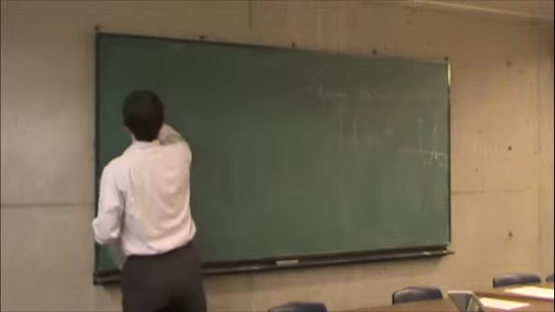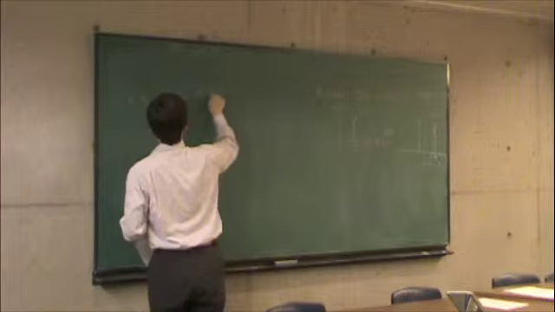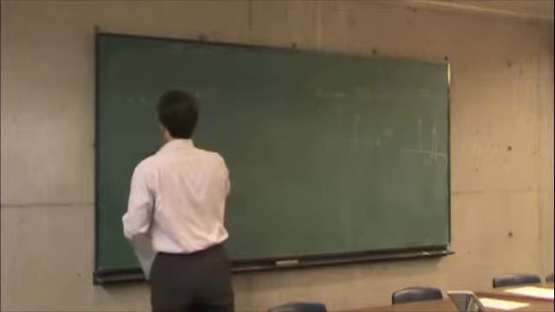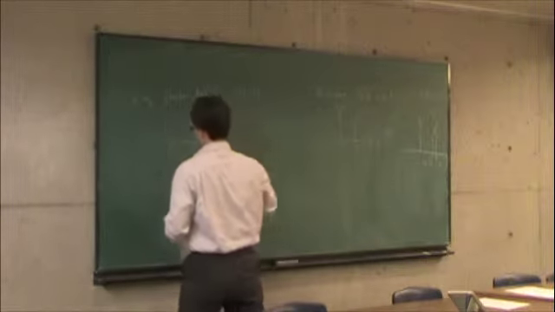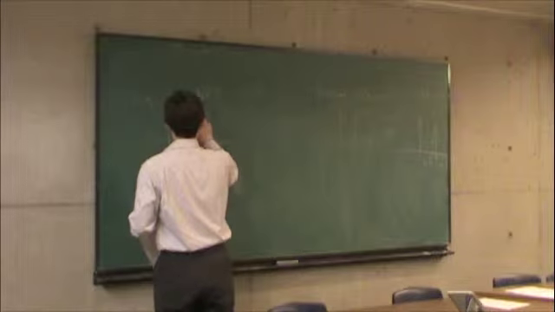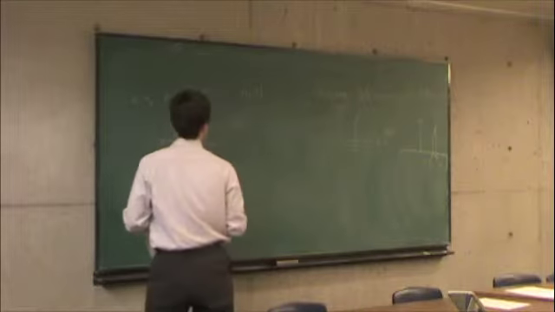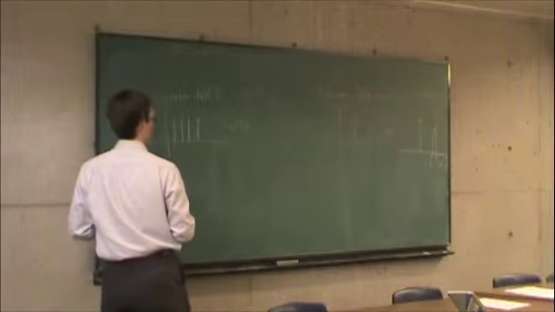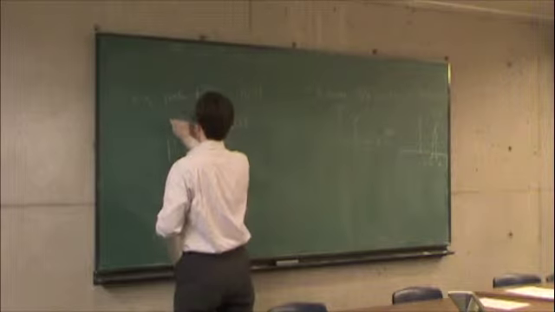So for instance, let's say polar NRZ with NB equals 4. This is S0 of k, and these are all equal to 1.